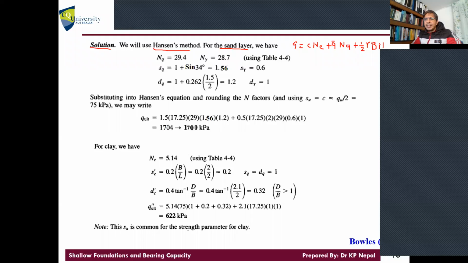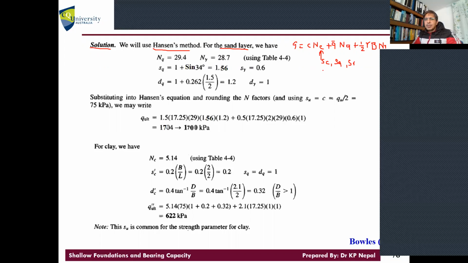But again, we need to correct because that's a square footing, so you need to apply the shape correction. Shape correction Sc, Sq, and S gamma.